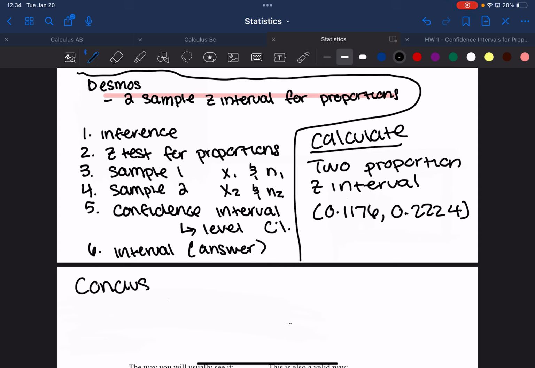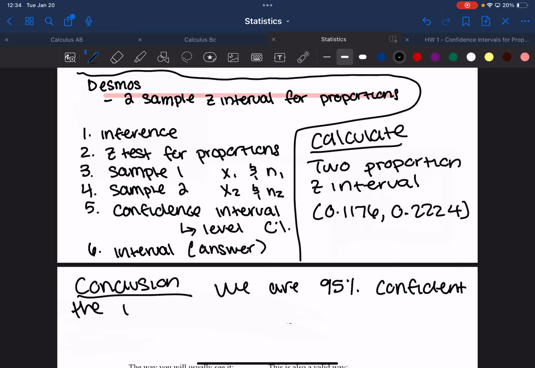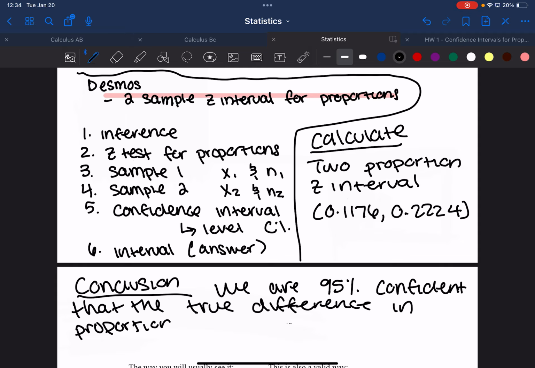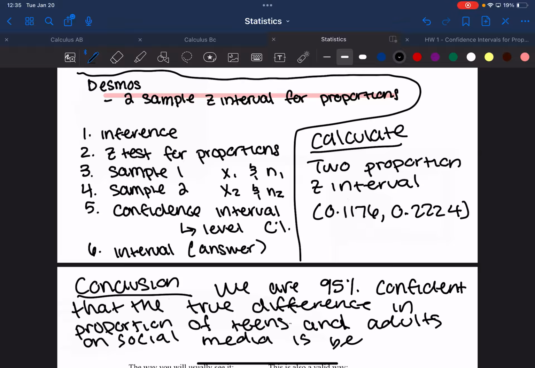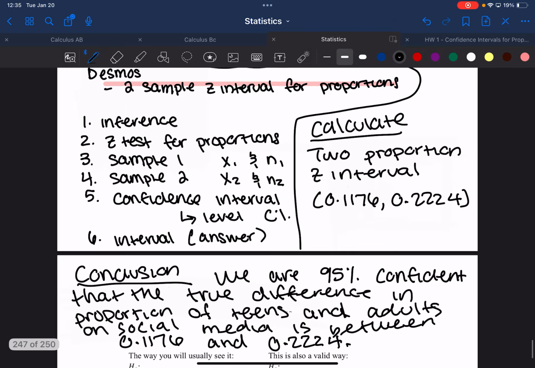So then the conclusion, since we're talking about a confidence interval, we say we are 95% confident that the true difference in proportion of teens and adults on social media is between 0.1176 and 0.2224. Okay.